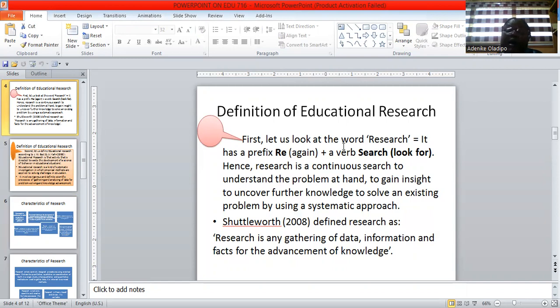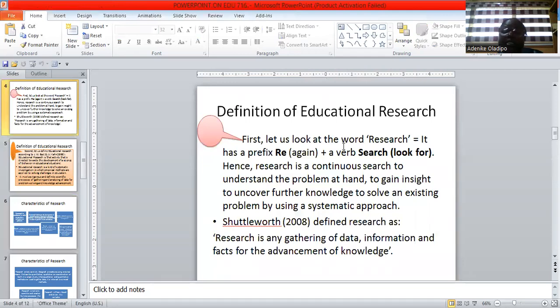Putting these two together means a continuous search to understand a problem at hand, to gain insight, to uncover further knowledge, to solve an existing problem by using systematic approach. So a research is a continuous search. A research is looking for a solution again and again to solve a problem at hand.